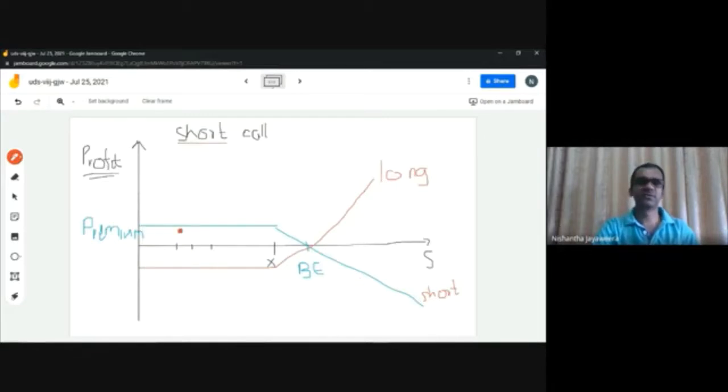So this blue color line is exactly the mirror image of the red color one on this x-axis. That's why I ask you to always think from the buyer's perspective, and then you can flip it over to get the other side.